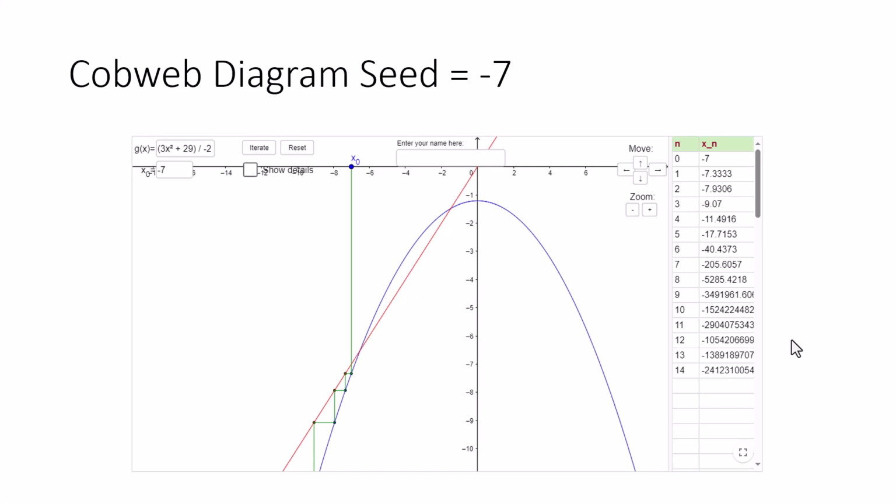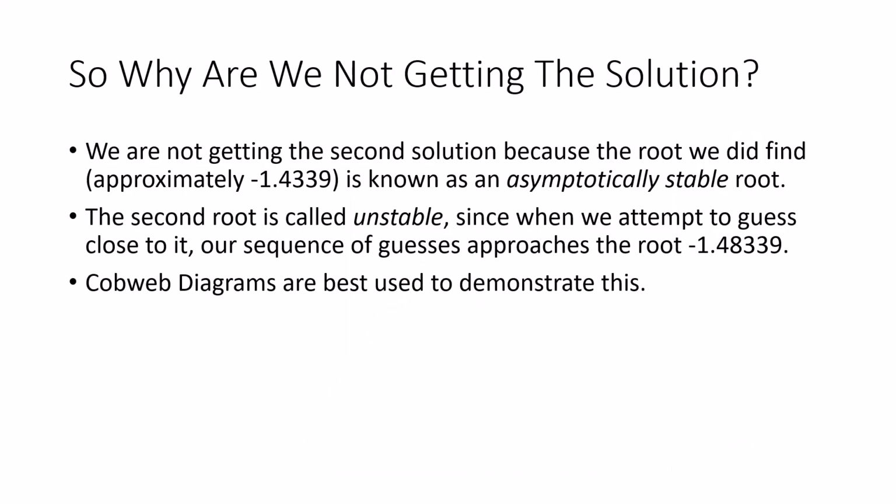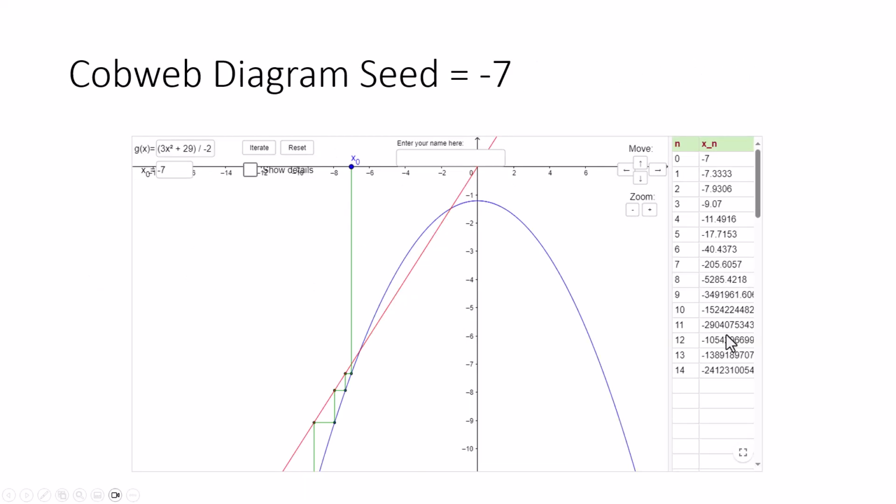So what this is establishing, and you can prove this mathematically, is that when you are getting close to one answer, you might actually start to converge to that answer. But another answer may cause your guesses to move away from it, in what we call diverge. So unless you're going to guess right on top of it, you may never actually get to that result.